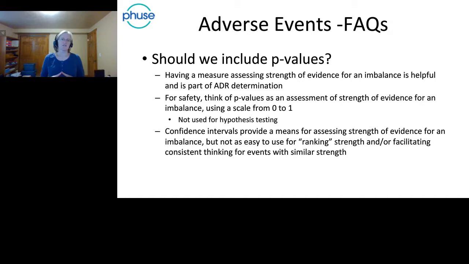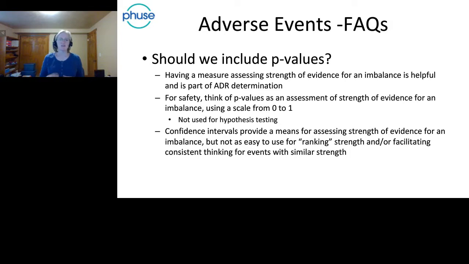And the other key message is, if you do include p-values for safety, I don't think anyone, even the people who like p-values for safety, which, by the way, I am one of those people, right? For anybody who likes p-values for safety, no one is trying to say these are used for hypothesis testing, right? So they can't be used for hypothesis testing, and most people know that.